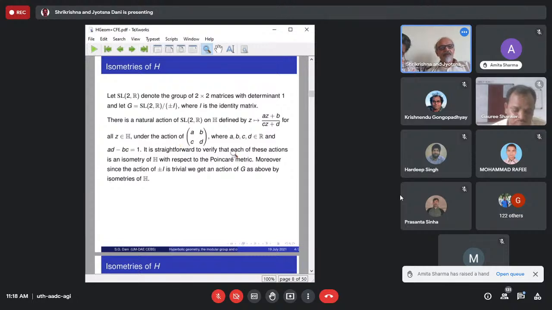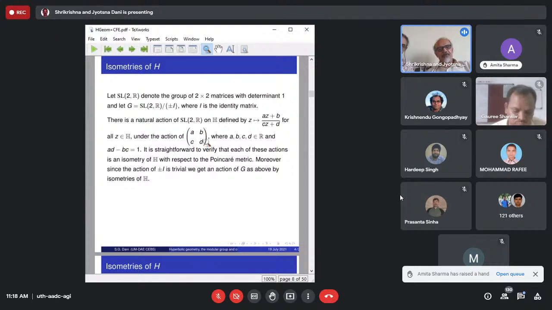And now it is straightforward to verify that this defines a group action. It's straightforward to verify that for every choice of the matrix ABCD in SL2R, this is actually an isometry. I'll not go into the full verification of that, but let's say take simple matrices like A equal to 1, D equal to 1, C equal to 0.